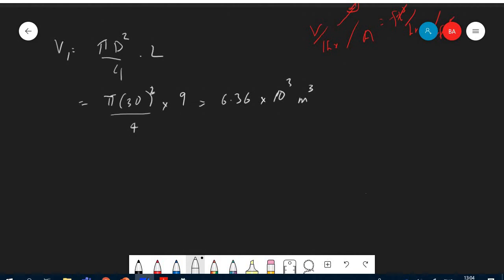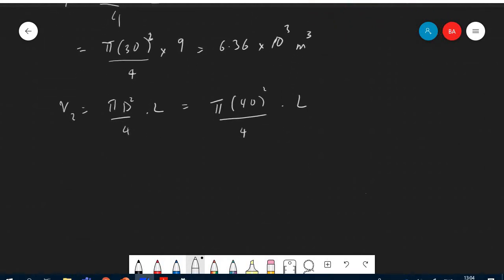Okay, and if we go to the second one, the volume of the second tank is pi d squared over 4 into L. So what do I have here? I have pi 40 squared over 4 multiplied by L. Here I don't know what the height is, and this is where I'm going to get the delta Z, right?